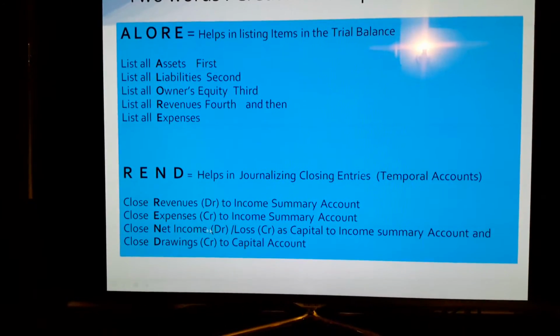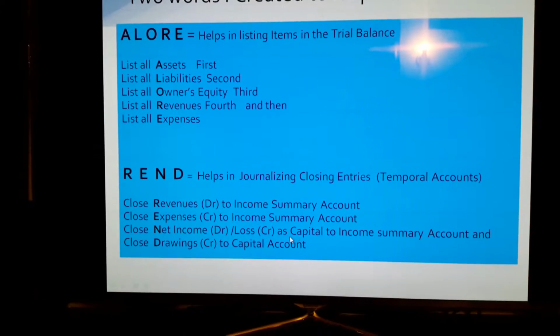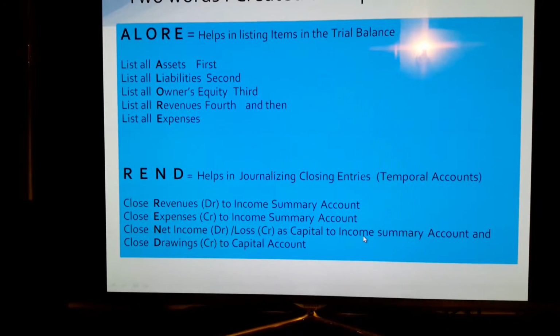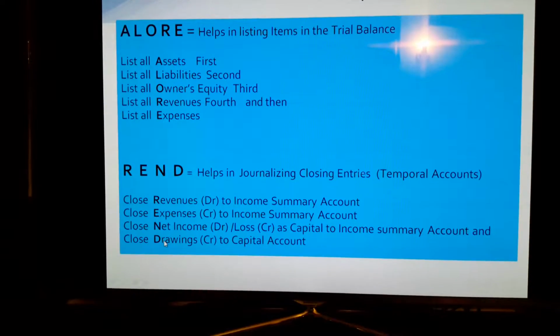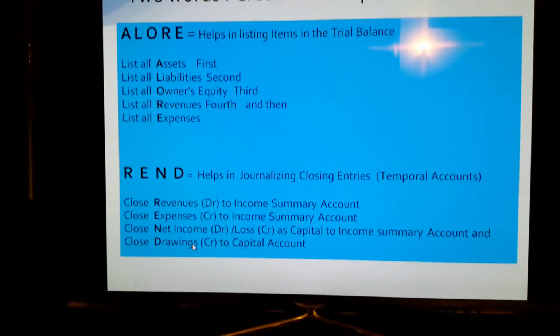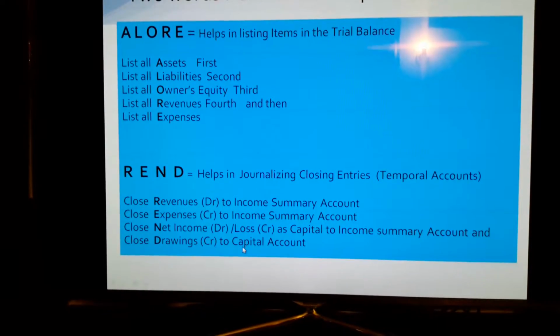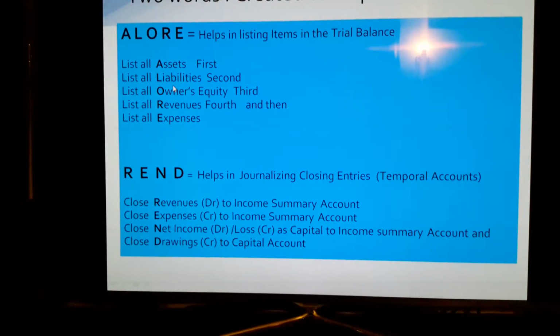So I call it net income, but it's an income summary that is actually closed to capital. Then drawings, or dividends if you are dealing with a company. Okay, drawings. So I call this word REND. Okay, and this word is ALURE. Let's go.